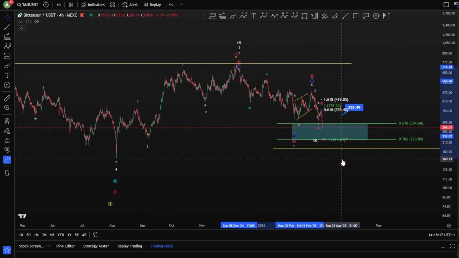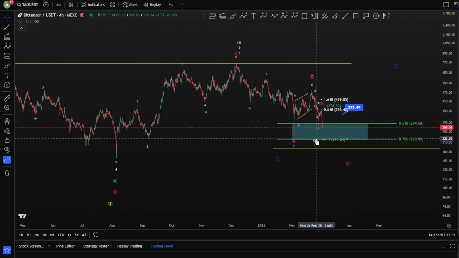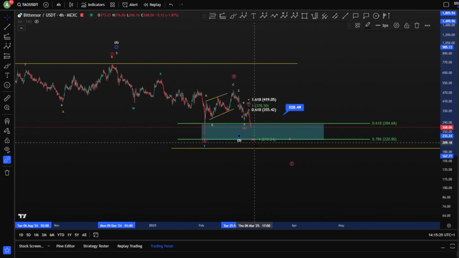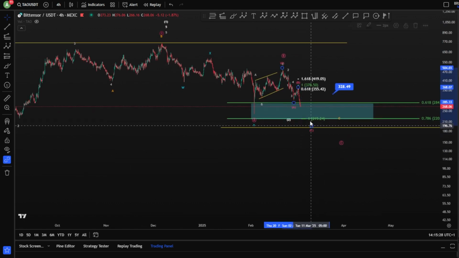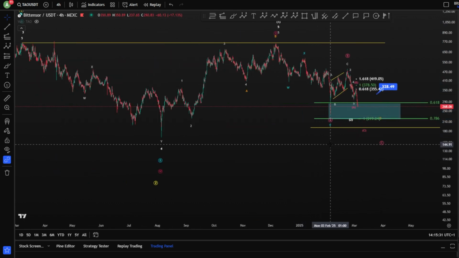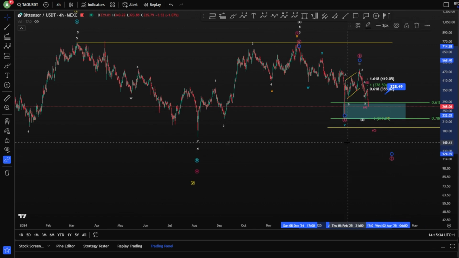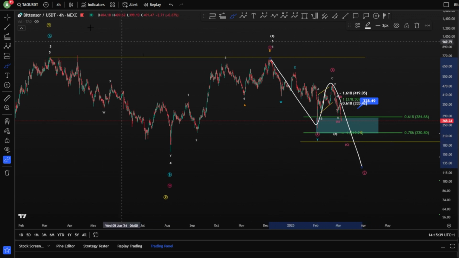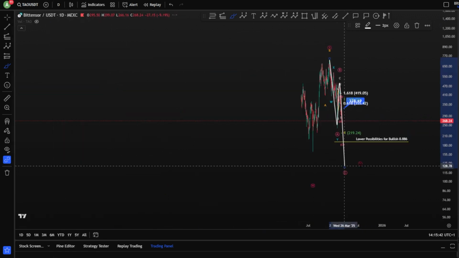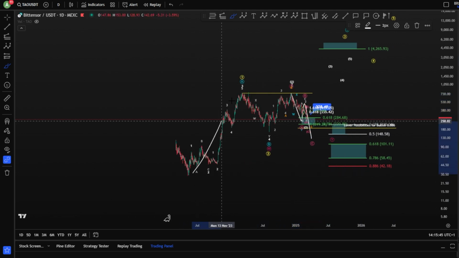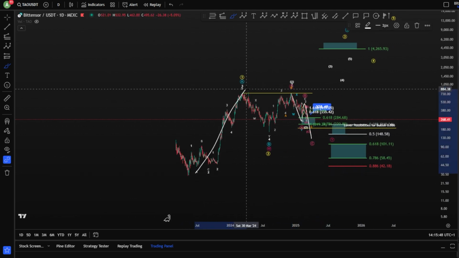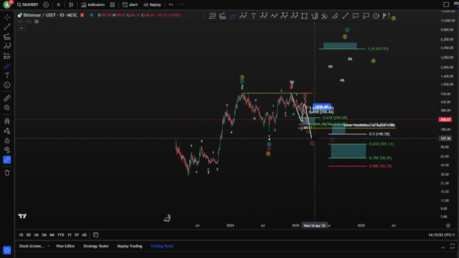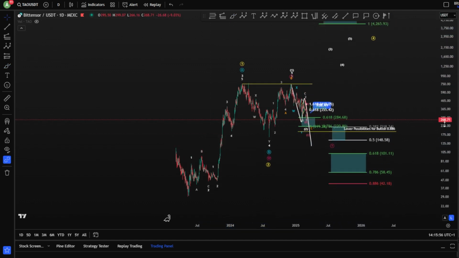I have the feeling that this is gonna be invalidated, just looking at the intents of the impulses in the A and in the C. I have the feeling that this is going to transform to something bigger, a deeper wave C. A deeper wave C has higher potential, A, B, and a C, of course, and this will trigger the bullish scenario as a big 1, 2, ABC toward the upside, or 1, 2, 3, 4, 5 toward the upside, which can be given in the second blue box.